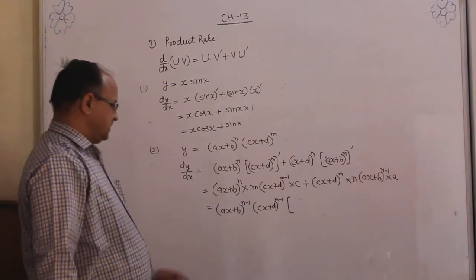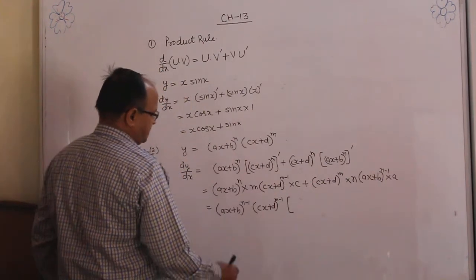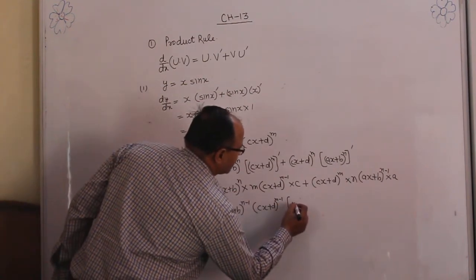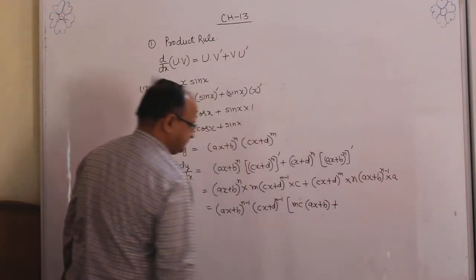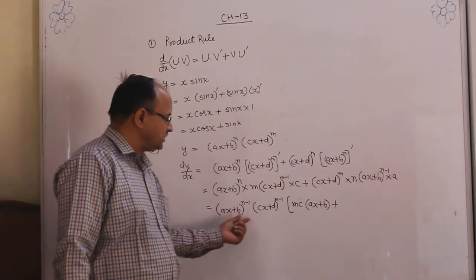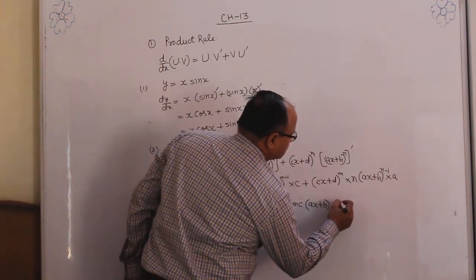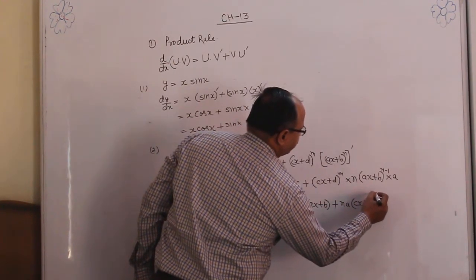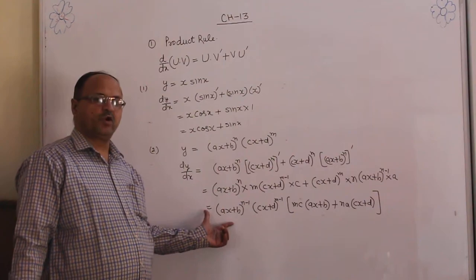Then we have mc into (ax plus b), and here if you take common (ax plus b) to the power n minus 1 and (cx plus d) to the power m minus 1, therefore na (cx plus d). This is the answer. Yes, this is called the product rule.